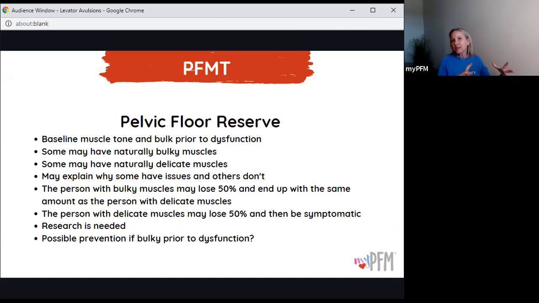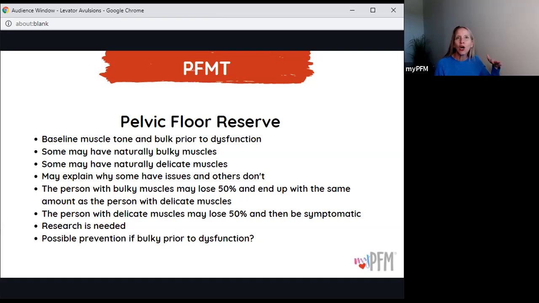by using a lot of these conservative interventions that I've learned, some of them at courses over the years, but a lot of them have also been kind of self-taught, like, hey, this works for me. Hopefully we'll get some research on this at some point, but let's try this, and it's an option for other people. So I'll go over some of those in a minute, but basically I think this concept of pelvic floor reserve.